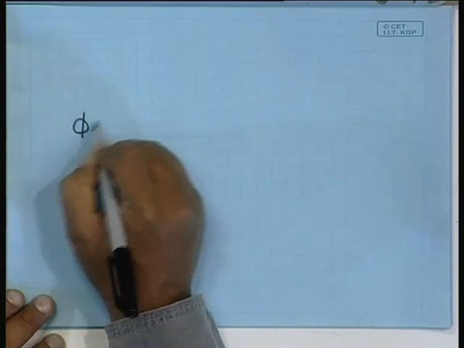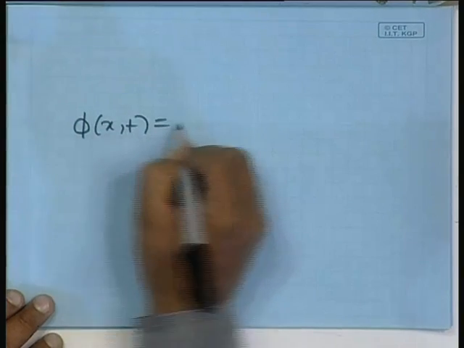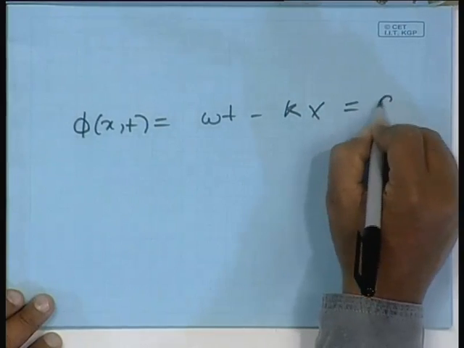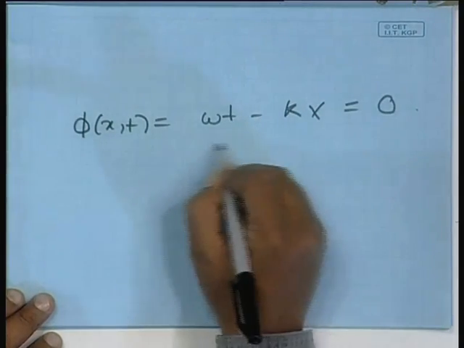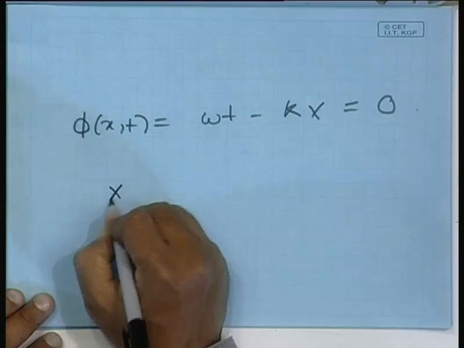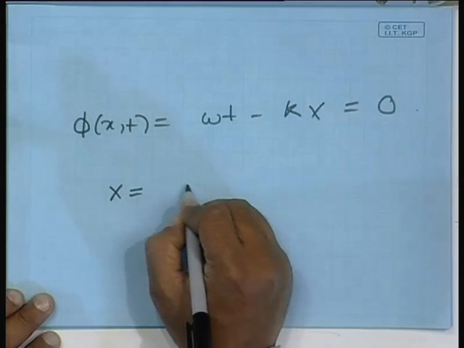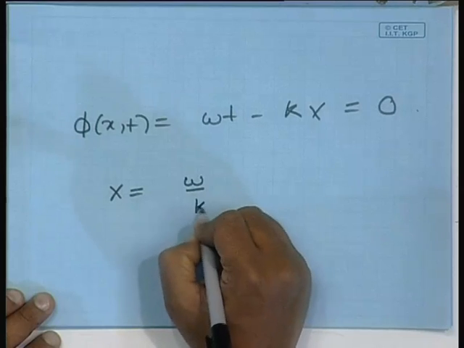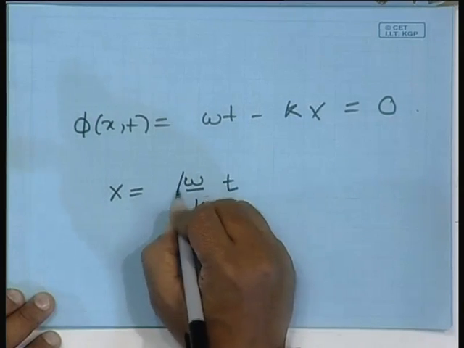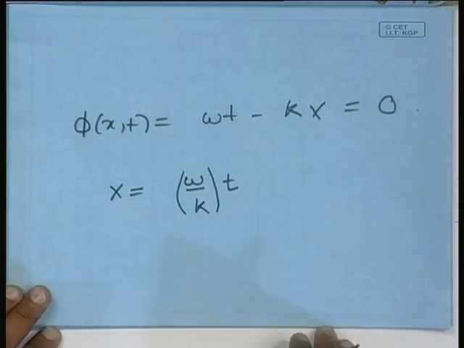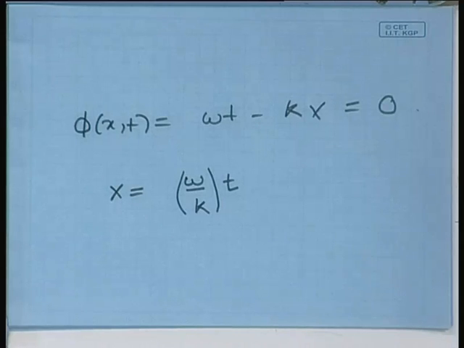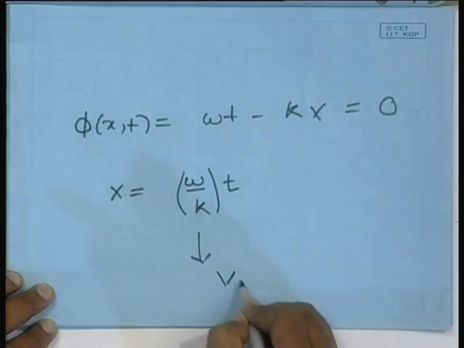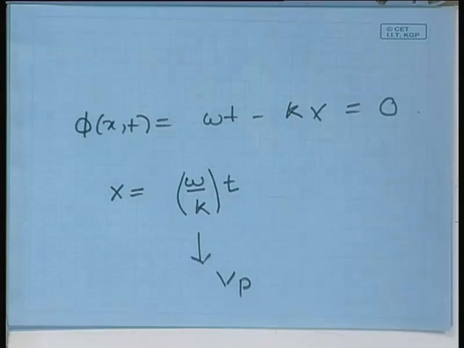If you are looking at the phase, phi of x, t is omega t minus kx, and we are following the point where the phase is 0, it is obvious from here that this point will move along the trajectory x is equal to omega by k into t, and so it will move in a straight line at a fixed velocity. This velocity omega by k is what is called the phase velocity.